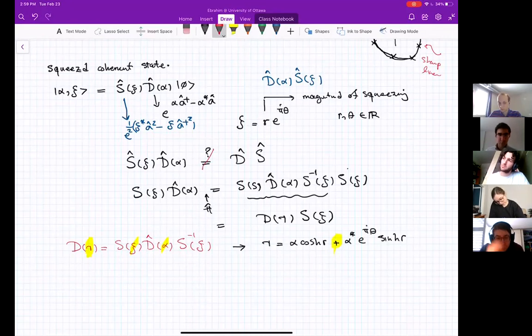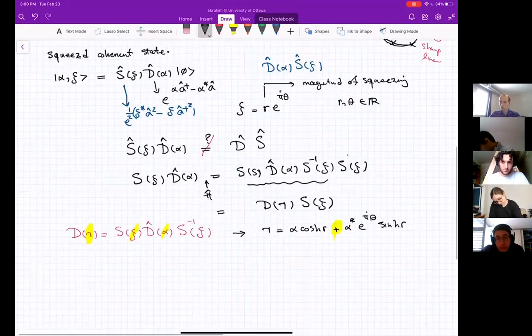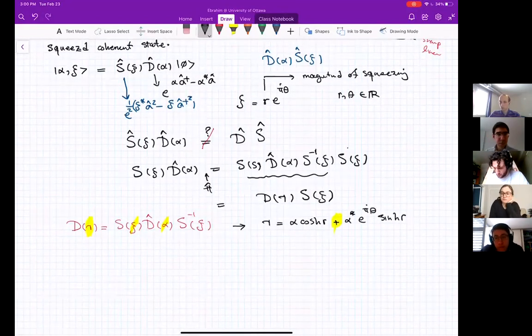However, if you wish to do so, then you have to be careful which parameters you are going to use. So for squeeze coherent state, and by the way, you can do squeeze vacuum as well, there is no displacement essentially. Alpha is set to be 0. You can do whatever you wish.